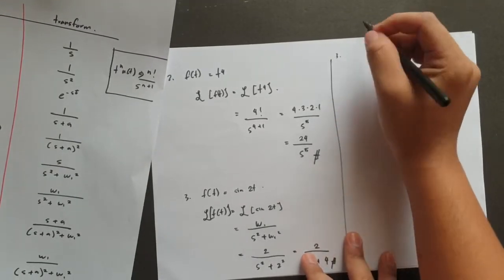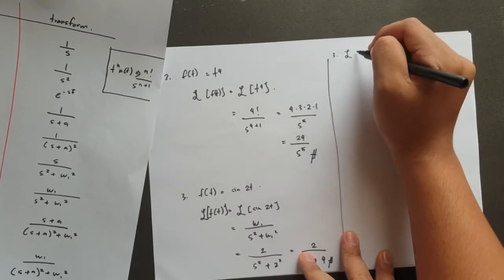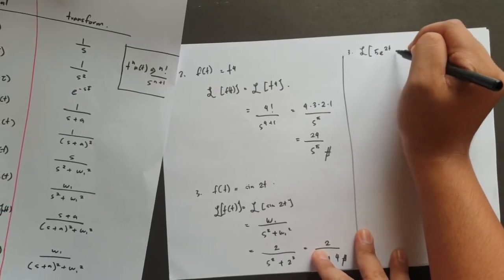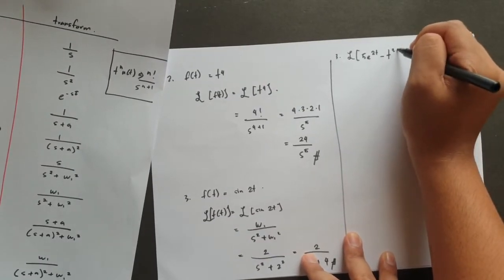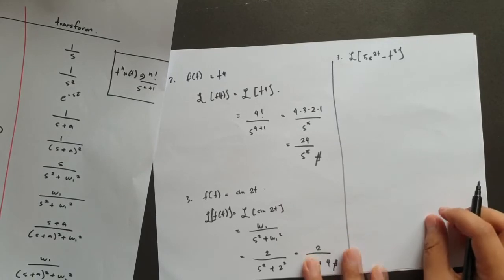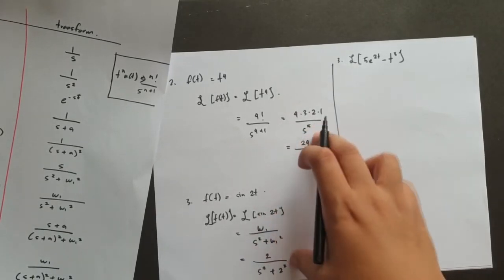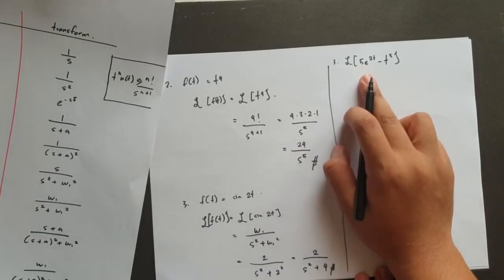For the next number, the question is the Laplace of 5e^(2t) minus t³. Based on this, we just use the Laplace table.